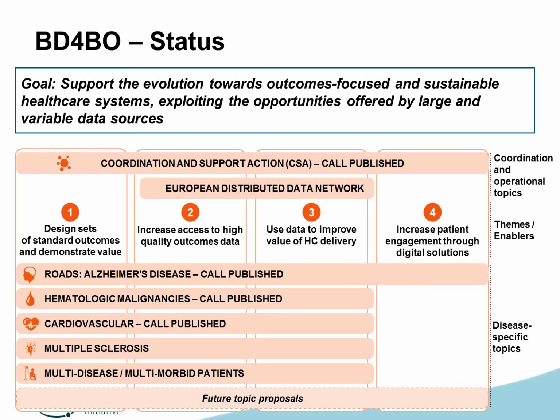We have ROADS, focusing on Alzheimer's disease, hematologic malignancies, and cardiovascular topics. There are also other disease-specific topics like multiple sclerosis, as well as the multi-disease and multi-morbid patient topics. What the CSA wants to do is coordinate all the activities that are ongoing within these disease-specific topics that focus on the Big Data for Better Outcomes program. Next slide, please.